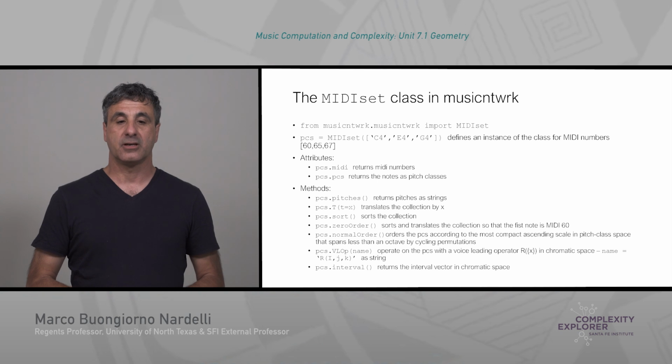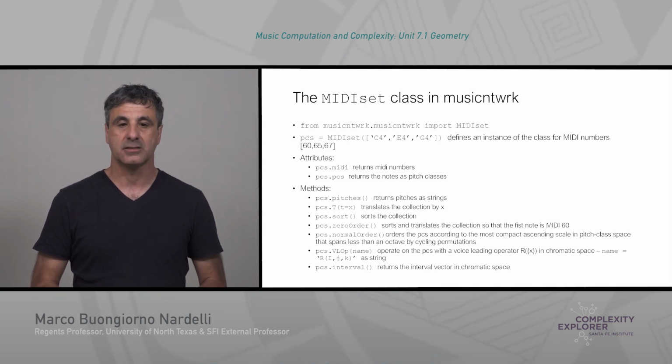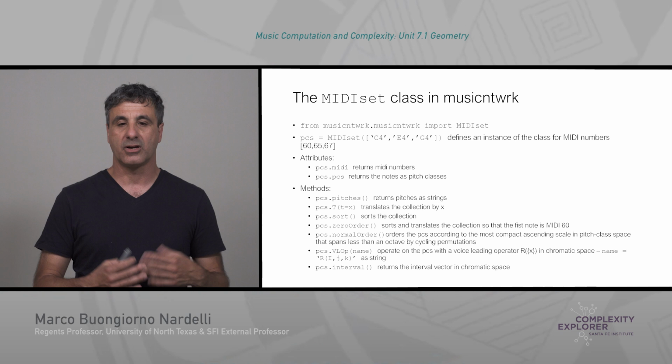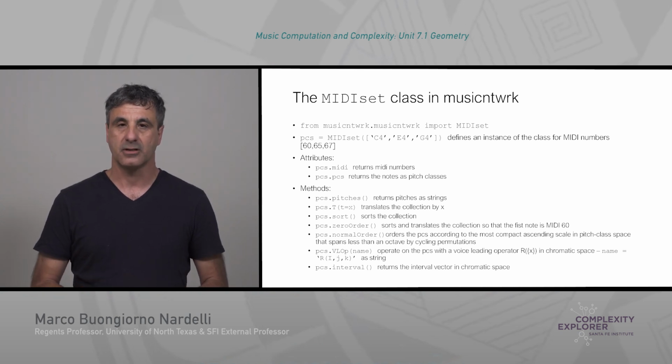Here you have a summary of both the attributes and the methods that are implemented into the MIDI set class. But I think this is a little bit more advanced than this course is supposed to be, so I leave this just to the people that are more interested and computationally minded.